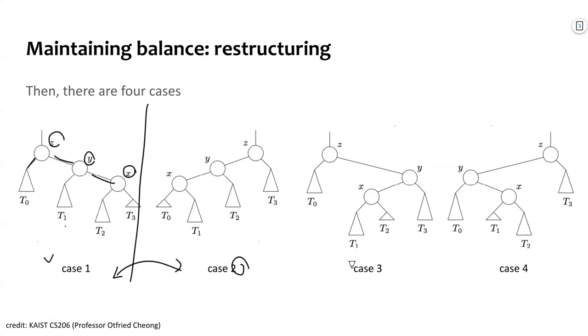And when you have a look at case 4 and case 3, if you mirror case 4 or case 3, you can get the other part. All right, so anyway, in conclusion, we have four cases and we need to deal with these four cases by restructuring.